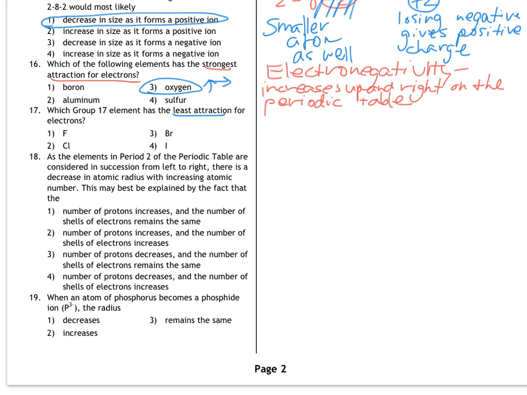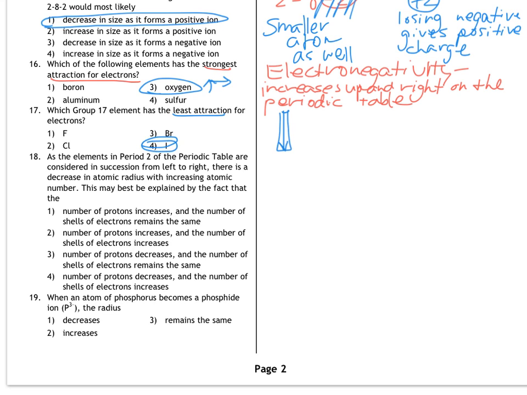And therefore, I can't move left inside group 17 because group 17 is a column, but I can move down. So whichever element is the furthest to the bottom within group 17 is also going to have the lowest electronegativity. And of the ones that I'm given to choose from, iodine is the lowest towards the bottom.